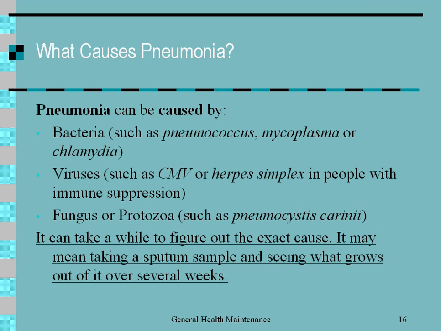And someone who's living with HIV may be treated what's called presumptively for pneumocystis pneumonia before the sputum sample is finished growing, because they're living with HIV and PCP is a very common illness.